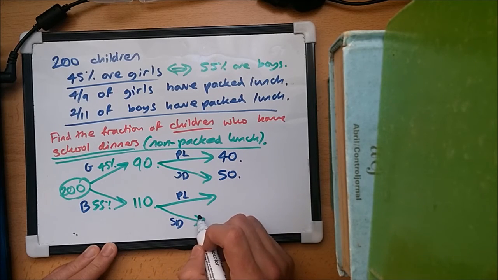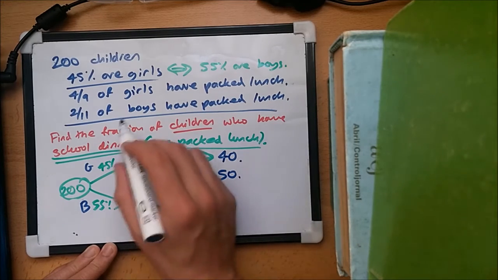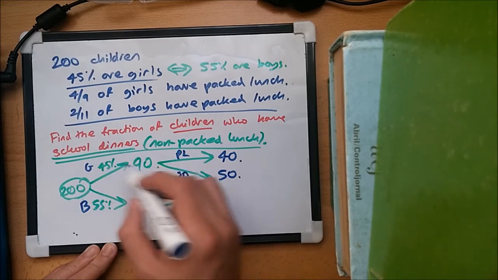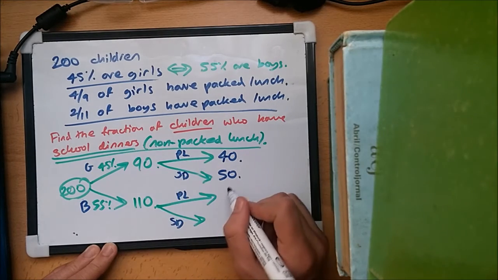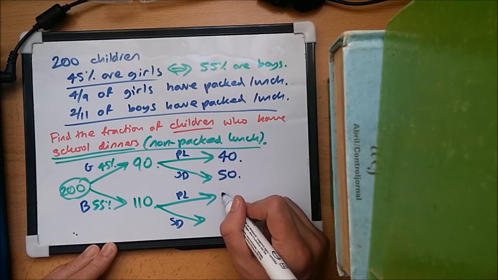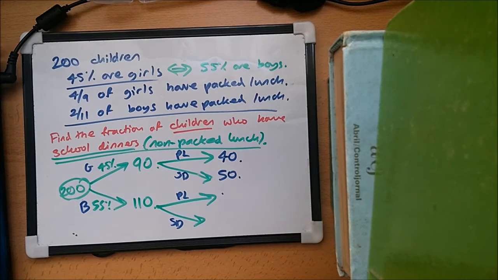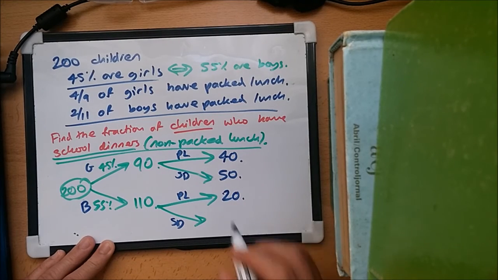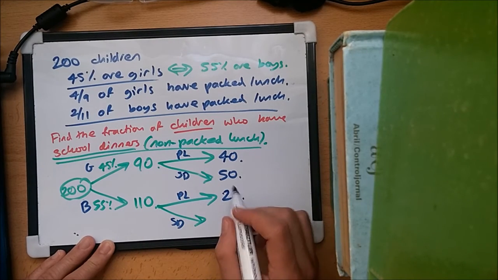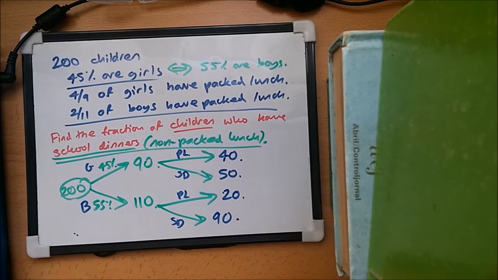Now, once again, do the bottom row. How many boys have packed lunch? 2/11 of boys have packed lunch. So 110 times 2/11 on the calculator would give you 20. 110 take away 20 is 90.